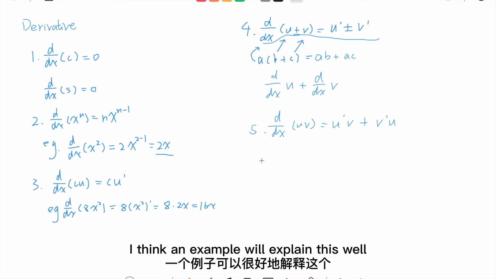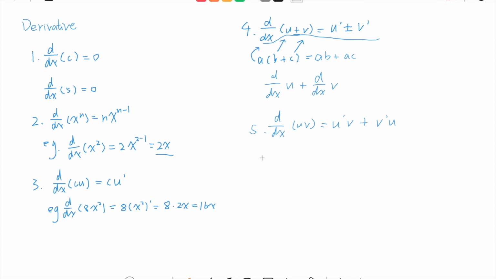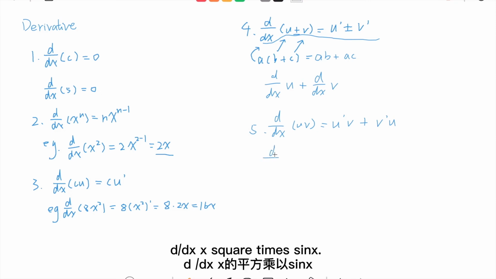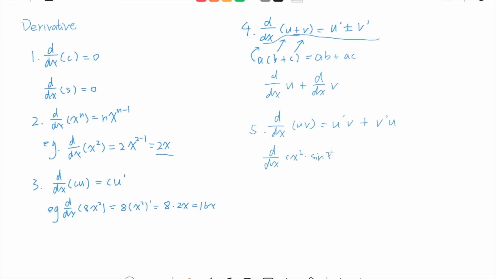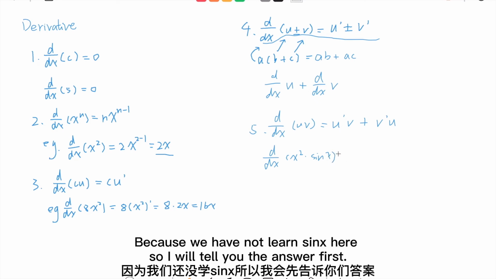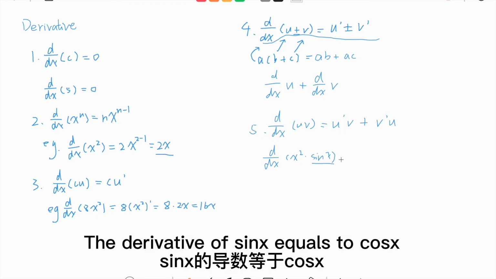I think an example will explain this well: d/dx of x squared times sine x. Because we have not learned sine x yet, I'll tell you the answer first. The derivative of sine x equals cosine x.